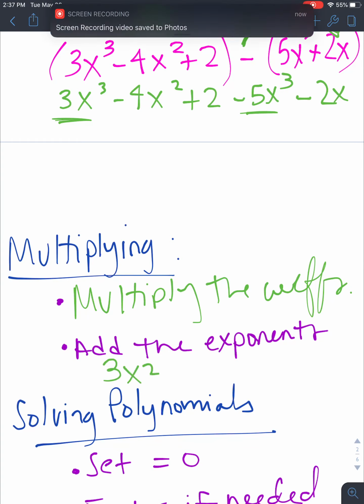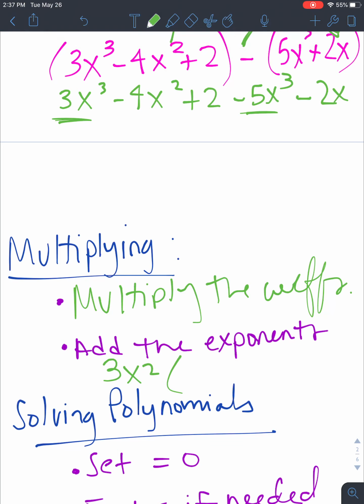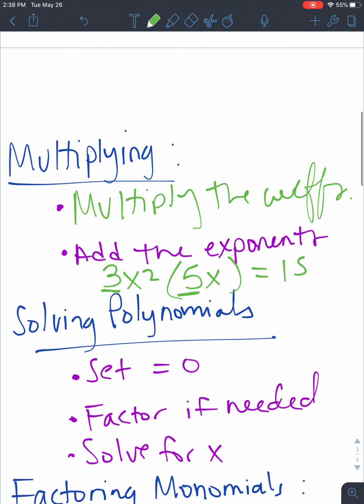So if you have 3x squared times 5x, you multiply the coefficients, so 3 times 5 gets us 15, and then you add the exponents. So x squared times x gets you an x to the 2 plus 1, which is an x cubed.